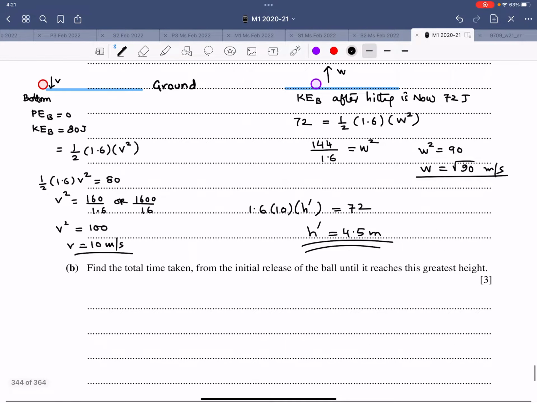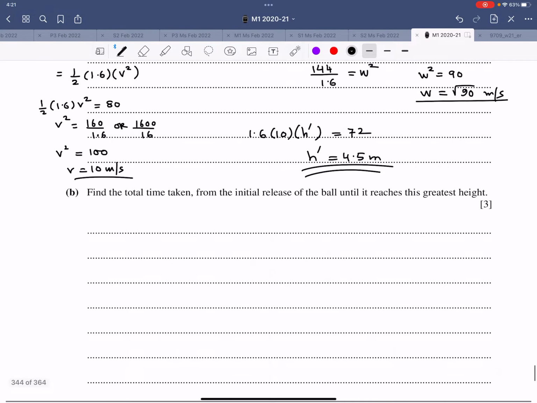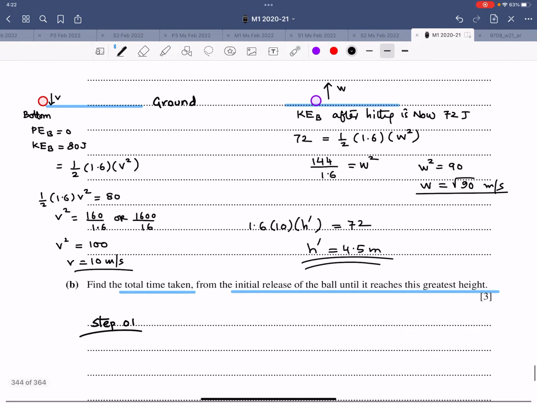Now why have I calculated the velocities? Because look at the second part. It says find the total time taken from the initial release of the ball until it reaches its greatest height. Now you can use kinematics. So step 1, from a height, we don't have the height, we don't need it as such.